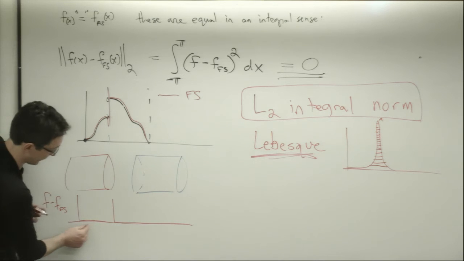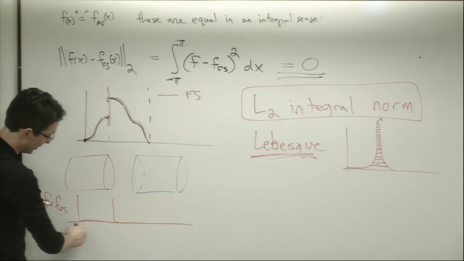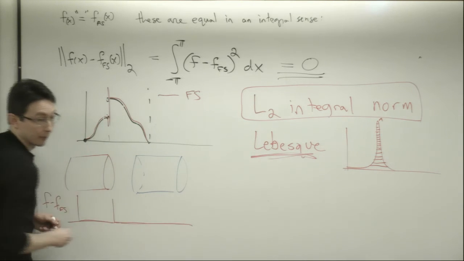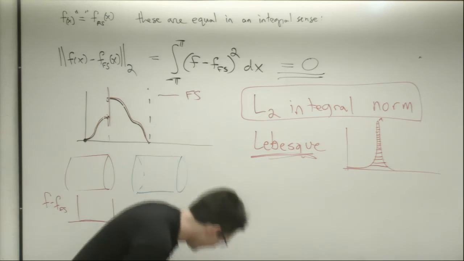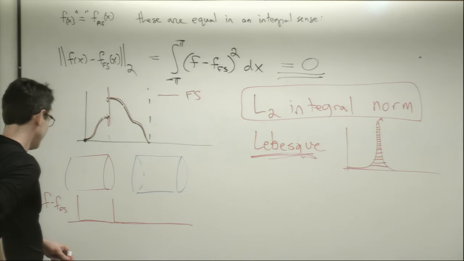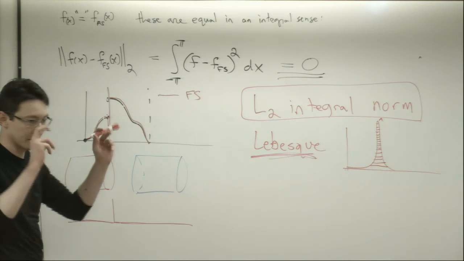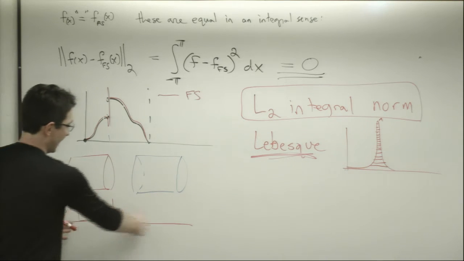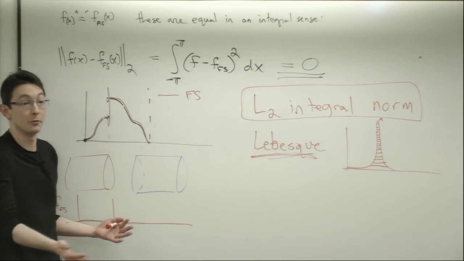So as long as these really are discontinuities that happen at an exact x location, then the integral of this error is still 0, because it has 0 width in x. So we call that measure zero: this has no measure on the x-axis. If you tried to measure the width of this delta function with a tape measure, it would have 0 measure.